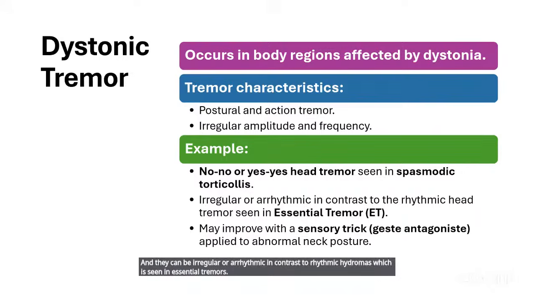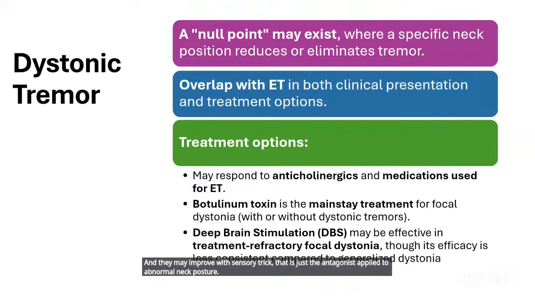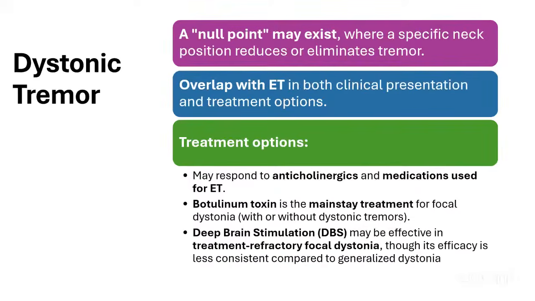They may improve with a sensory trick, that is, a just antagonist applied to the abnormal neck posture. A null point may exist where a specific neck position reduces or eliminates the tremors, and it may overlap with essential tremors in clinical presentation and treatment option.